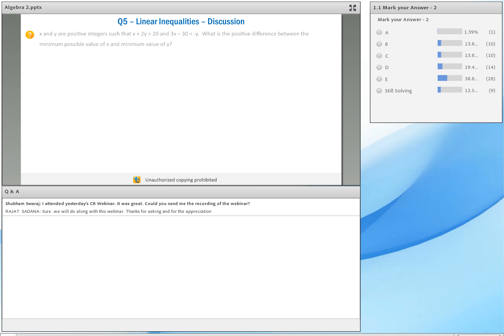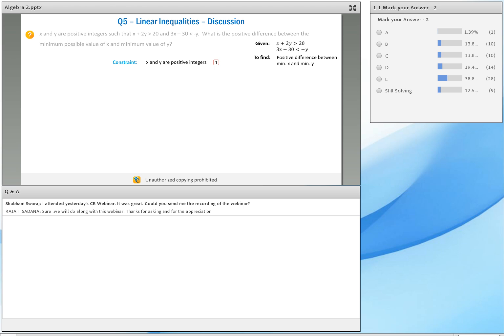Let's look at how we'd go about solving this question. You're given two inequalities, which are not in standard form. There are also some constraints. First, x and y are both positive integers. Second, you have to find the positive difference between the minimum possible value of x and the minimum possible value of y.